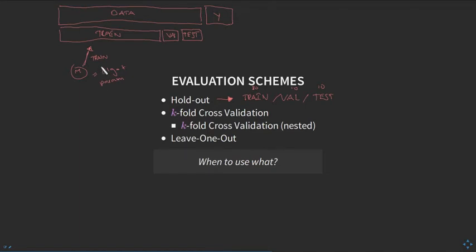So if we have different parameter settings in the holdout setup, we always train on a training set and we test our one parameter setting on the validation set. So say we use KNN, we say K is 3, we memorize the entire training set and then see how we perform on this validation set as a sort of fake test set.